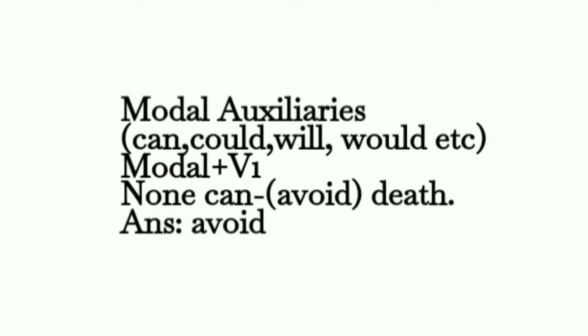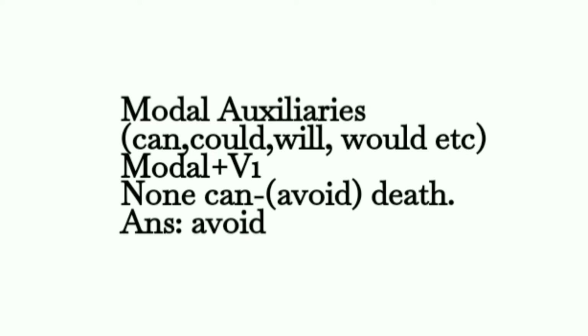Now we will learn the rules of modal auxiliaries. We know that modal auxiliaries are can, could, will, would, may, might, etc. We can see here modal plus V1. That means after modal auxiliaries you have to use the base form of the verb.